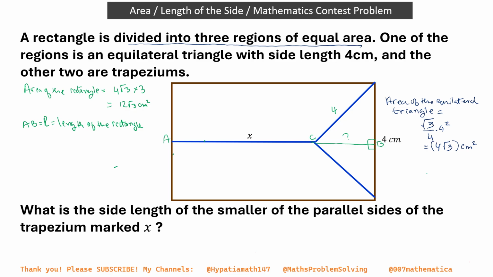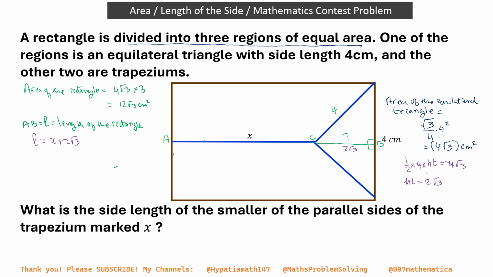I can find that using half times the base, which is 4, times the height, is the area, that is 4 root 3, and I cancel out the 4, so the height is 2 root 3. So this is 2 root 3, so L, or the length, would be x plus 2 root 3.